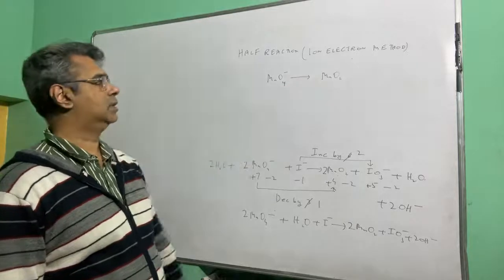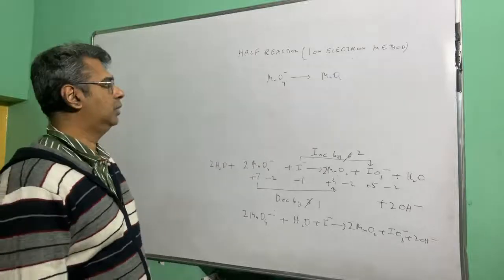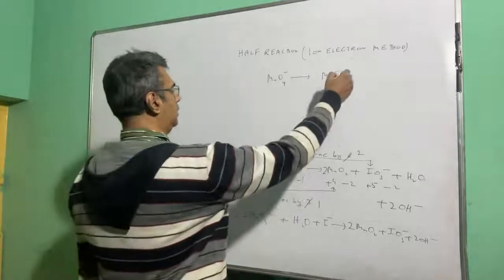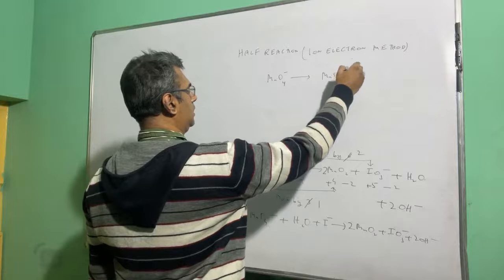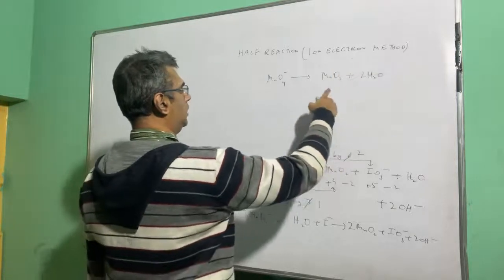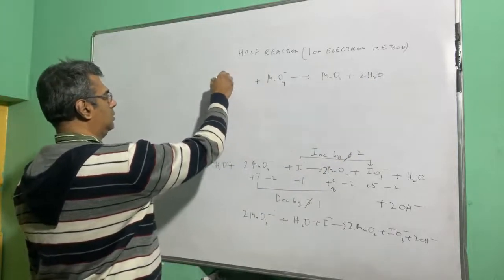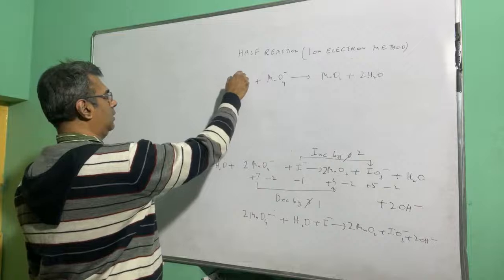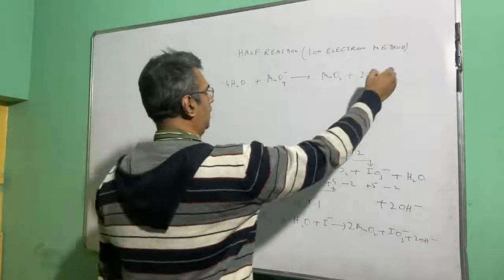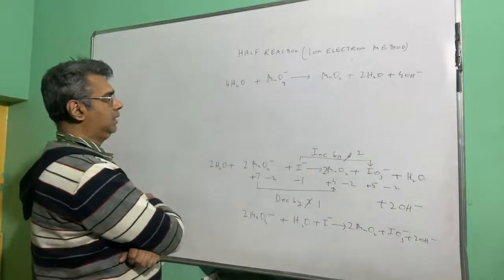You'll have to say that here oxygen is 4, here oxygen is 2, so there is a shortage of oxygen. So you write 2H2O because there are 2 oxygens short. Now here there are 4 hydrogens, so on this side you write 4H2O and on this side you write 4OH minus.